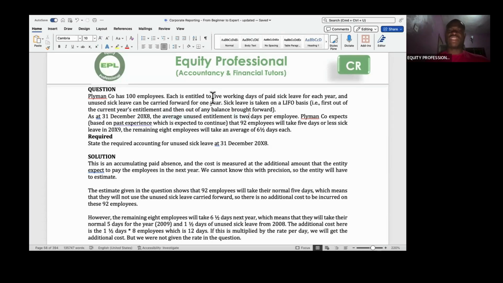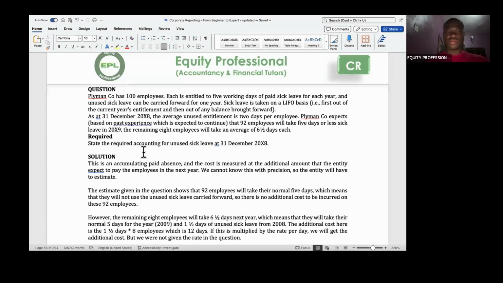That is, out of the 5 days we gave them, on the average, they did use 3 days. Of course, they can carry that one forward. Then we're told that Plyman expects, based on experience, which is expected to continue, that 92 employees will take 5 days or less sick leave in 2009. The remaining employees will take an average of 6.5 days each.